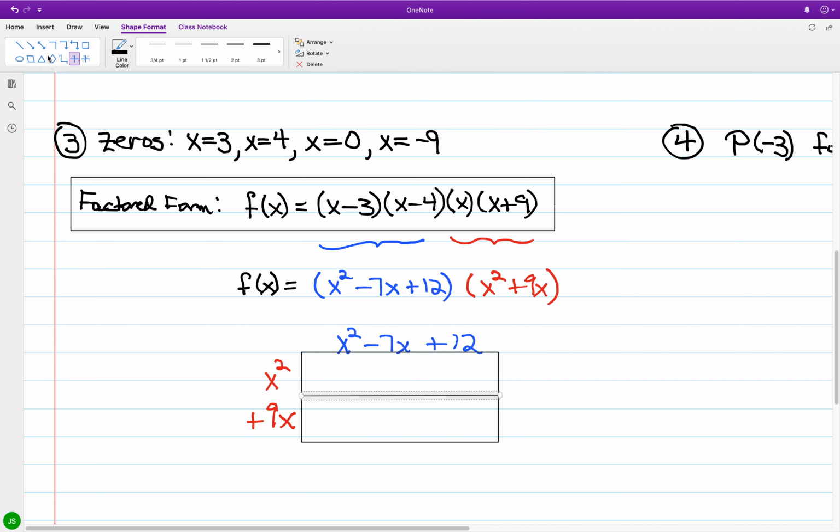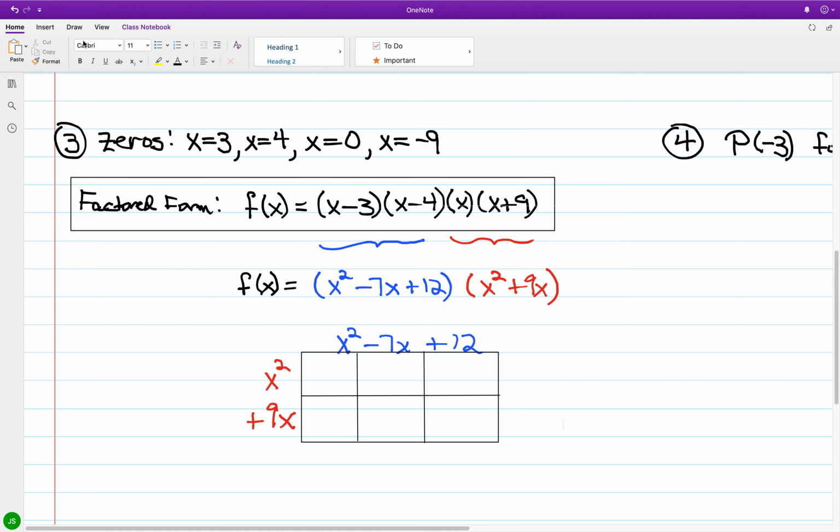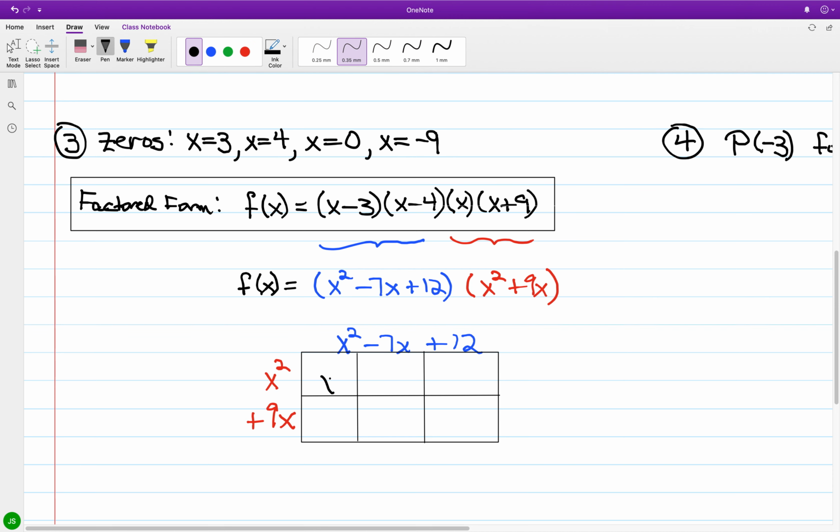Okay, so just looking at what we have in sectioning off. x squared times x squared is x to the fourth. 9x times x squared is 9x cubed.